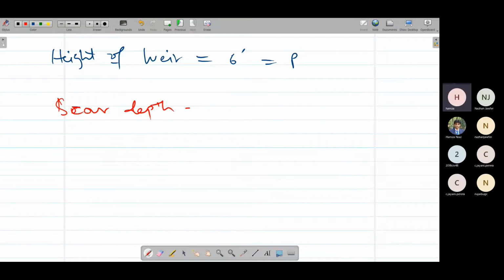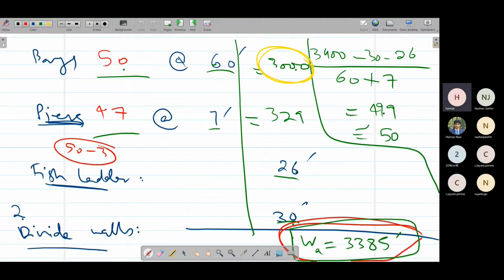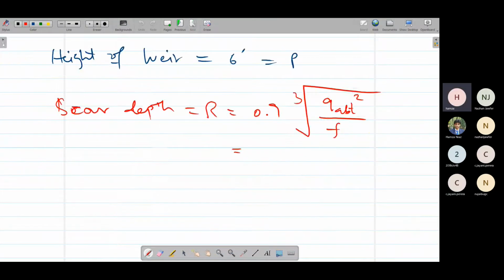Cover depth is equal to 0.9 times Q abutment square over F, the silt factor, and the whole cube root. If we put in the values, Q abutment is 147.7, and Lacey's silt factor is 2. Plugging in the values, we get about 19.96 feet.